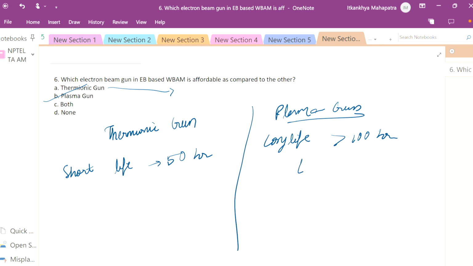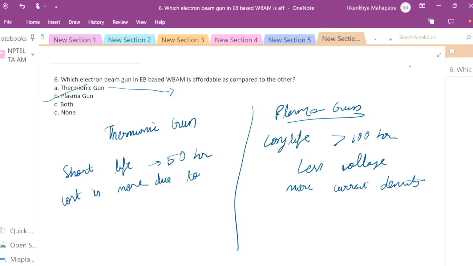This is less voltage, more current density, and here cost is more due to the high vacuum setup requirement. This is more voltage and less current density.